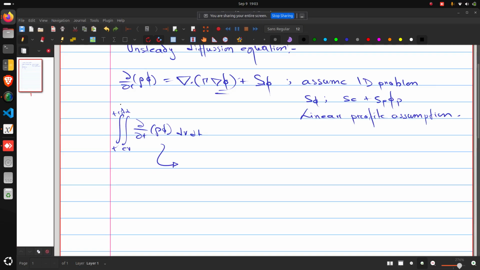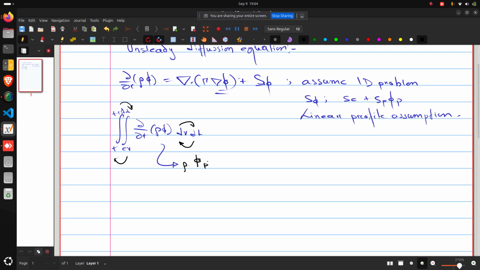We just interchange these integrals, and the dou by dou t term can be written with rho, which we assume is constant. It does not change with space or time.